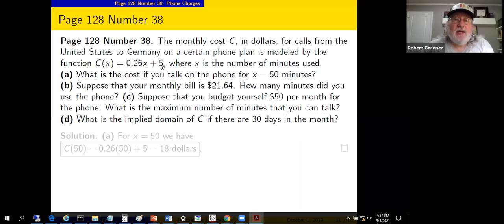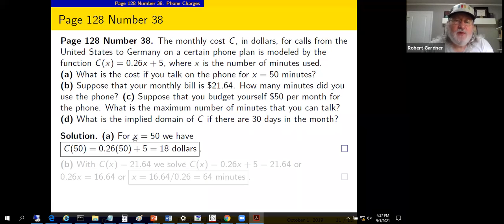Okay, they've given us the linear function. Part A, what's the cost if you talk on the phone 50 minutes? That's x. We'll substitute in 50 for x, 0.26 times 50 plus 5, simplify, becomes $18. Part B, suppose your monthly bill is $21.64. How many minutes did you use the phone? The number of minutes is x.